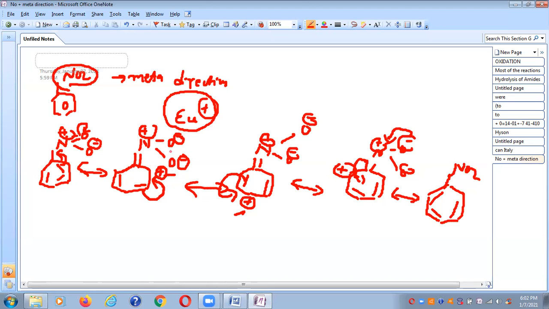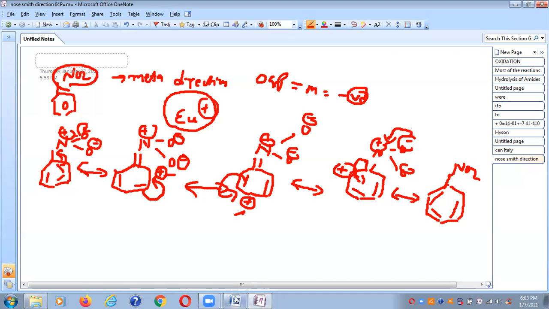Why? Because similar charges will always repel. So compared to the ortho and para positions, the meta position is electron rich. That's why the incoming electrophile prefers to attack at the meta position rather than ortho and para. So that's why this NO2 group is known as a meta directing group.